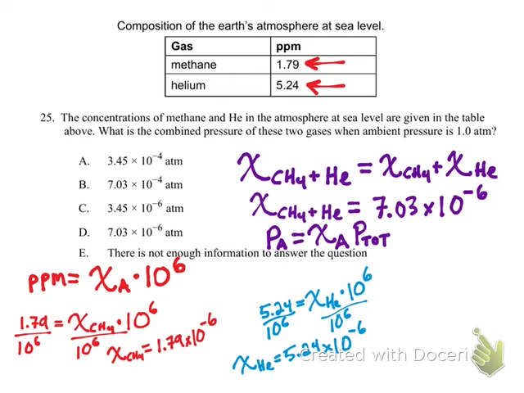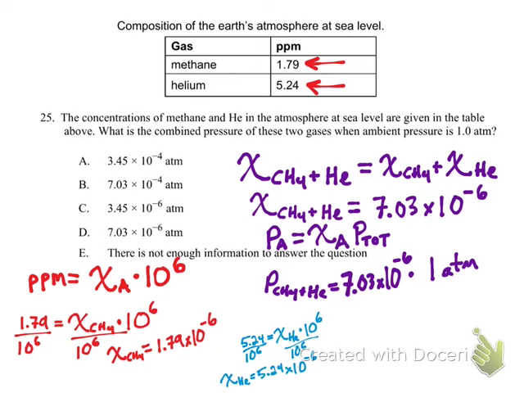So what we're going to do is multiply our mole fraction here by our total pressure of 1 atmosphere. So we have our combined mole fraction, 7.03 times 10 to the negative 6th, and our total pressure is 1 atmosphere, so this is a nice calculation. So we end up getting that the answer ends up being 7.03 times 10 to the negative 6th atmospheres.